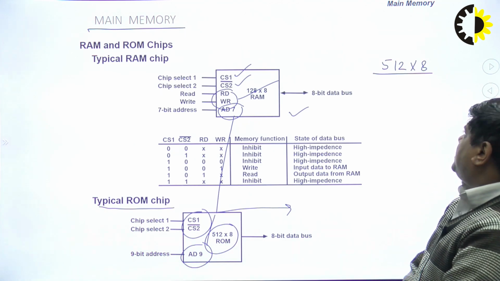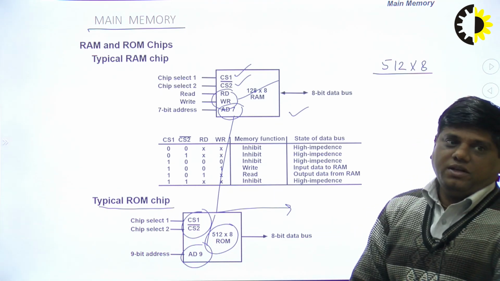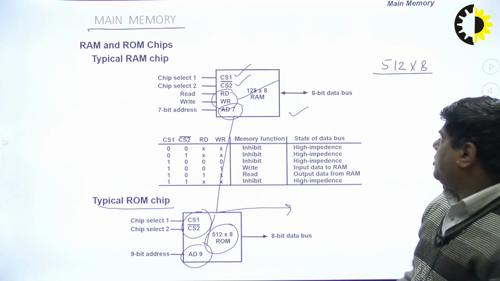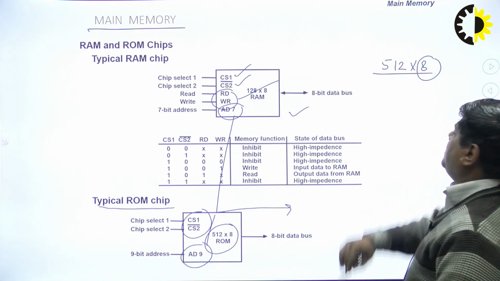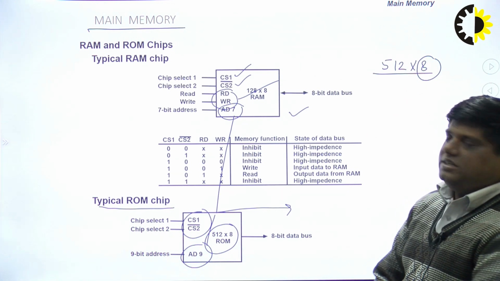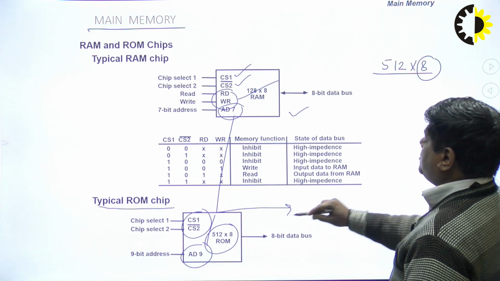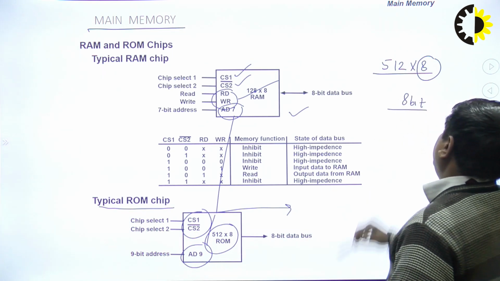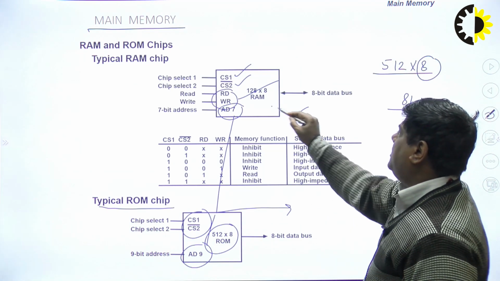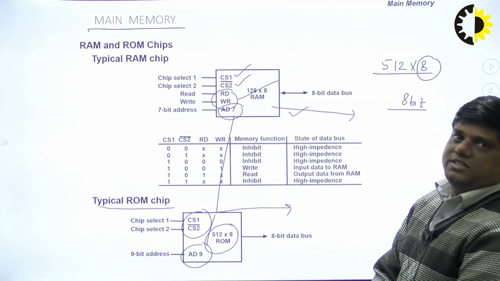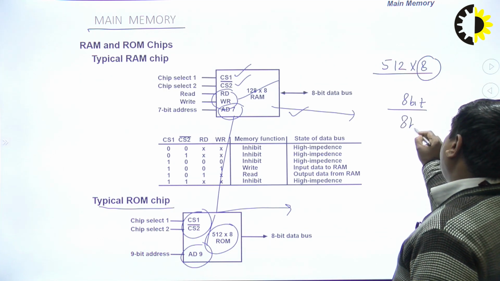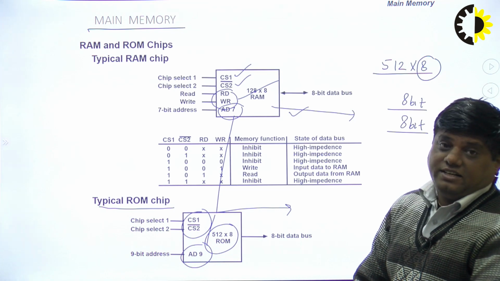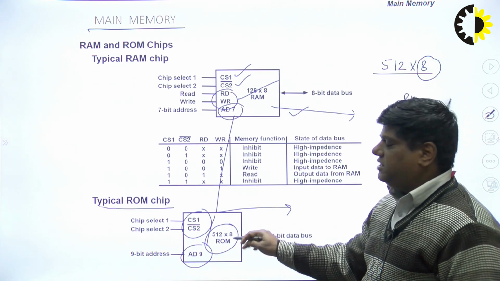Then how many address lines and how many data lines are present in this RAM or ROM? This 8 represents the data lines of the RAM. It means the data bus of this memory is 8-bit. Similarly, the data bus of this ROM chip is also 8-bit. And what is the required address line for this RAM and this ROM?